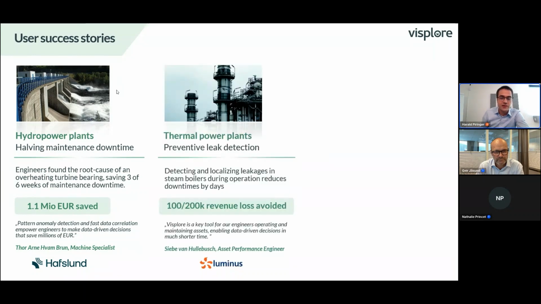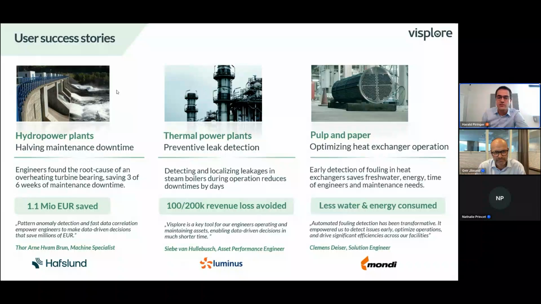Then in thermal power production, Luminus is a company from Belgium, and Visplore helped them detect and localize leakages in steam boilers, which was also important to do the maintenance work in a more efficient way, avoiding days of downtime, which again translates to avoided revenue loss.